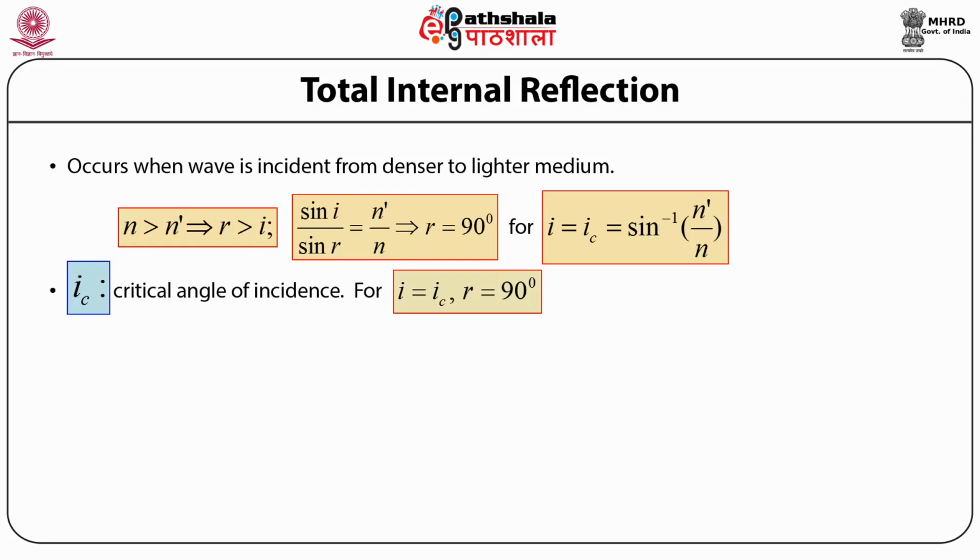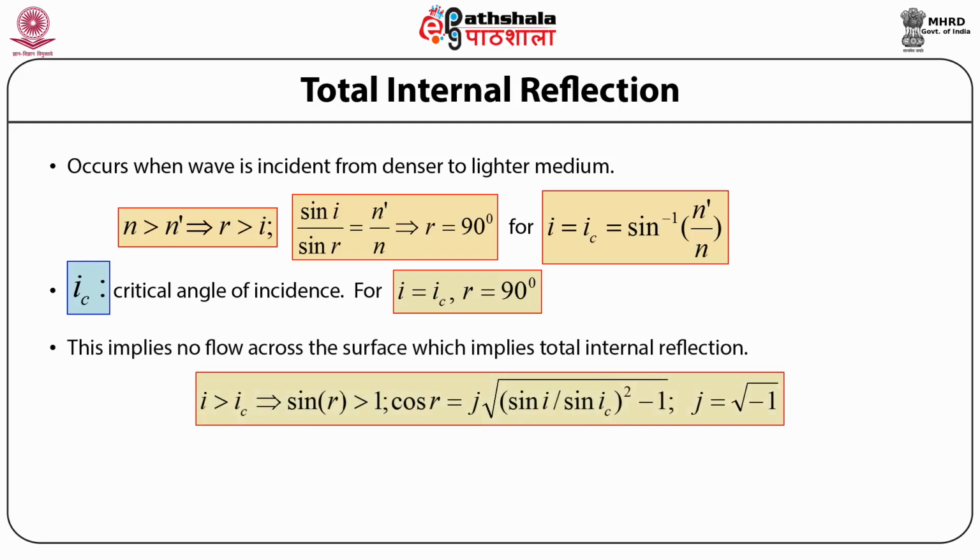Now what this means physically is that there will be no flow across the surface, that is, the electromagnetic wave will not flow into the second medium, which in other words implies that there is going to be a total internal reflection.